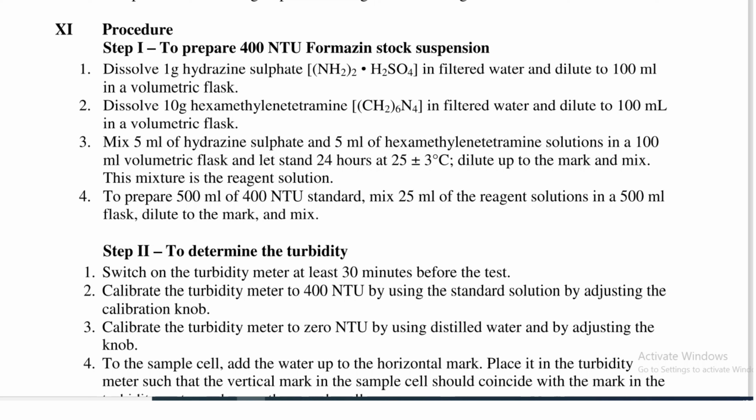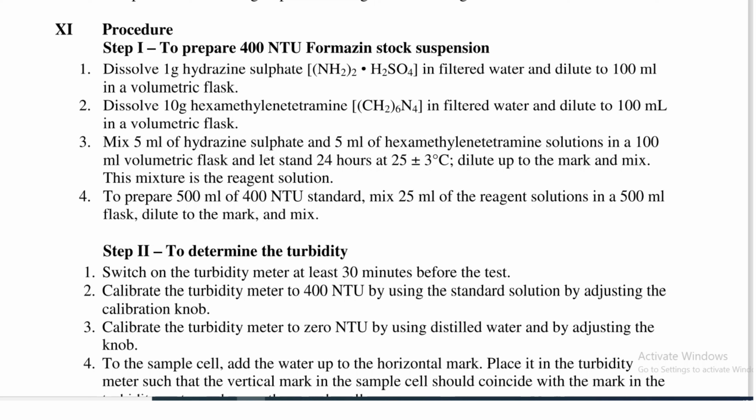Take the sample cell and add water up to the horizontal mark. Place it in the turbidity meter such that the vertical mark on the sample cell coincides with the mark on the turbidity meter, and cover the sample cell. Check the reading in the turbidity meter and wait until a stable reading is obtained.